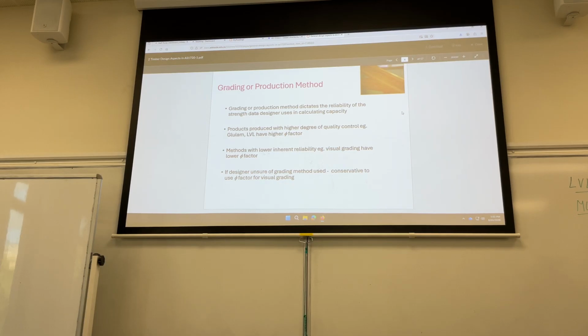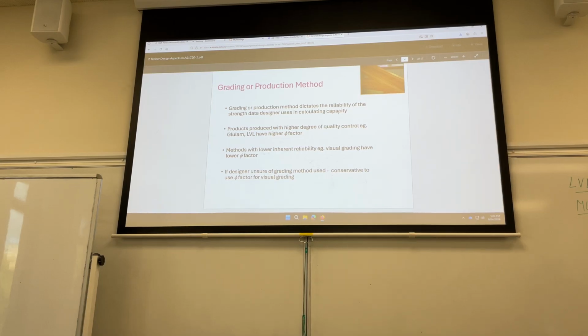Grading or production method dictates the reliability of the strength data used in calculating the capacity. Each type of timber has different reliability. When you test timber, some samples are very good and some samples are weak, so the reliability of some timber is not high.